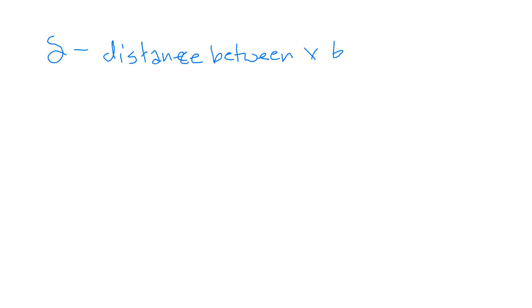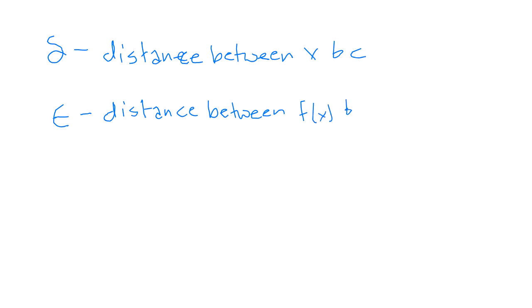We're going to have some constant c. And then our epsilon is going to be the distance between our y, or f of x, and L, which is going to be our limit.